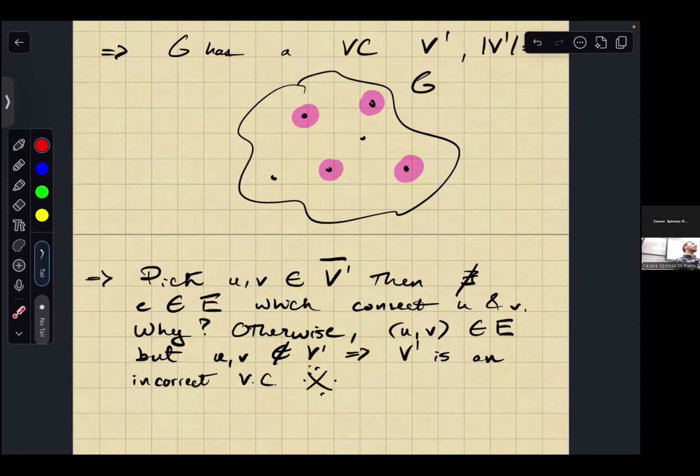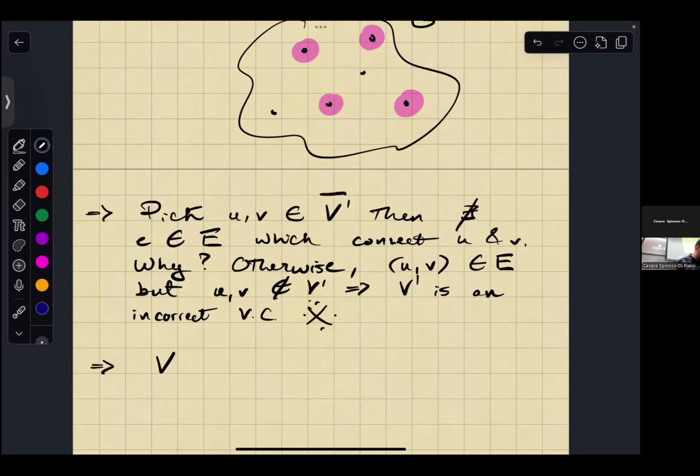These two vertices were arbitrary, so this means that this is true for any pair of vertices in V prime complement, because I'm taking an arbitrary thing and making it a for all. So for every pair of vertices in V prime complement, the same statement holds: there does not exist an edge between U and V. And this is exactly the definition of an independent set.